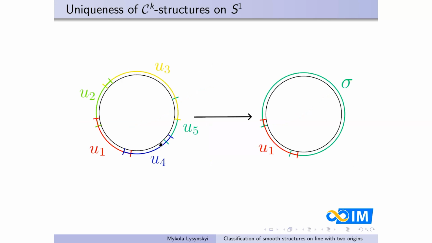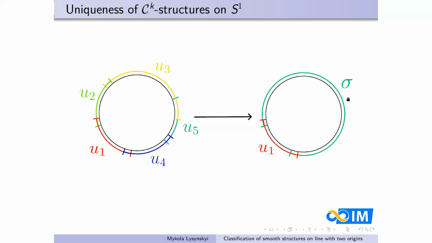We even have a simpler case because the circle is compact. We can extract a finite subcovering. In this subcovering, we can construct a chain-like atlas, and then we can join, if we have n elements in our atlas, we can join n minus 1 elements.